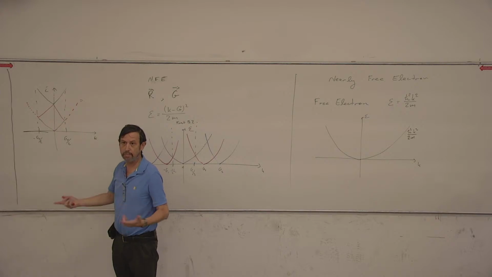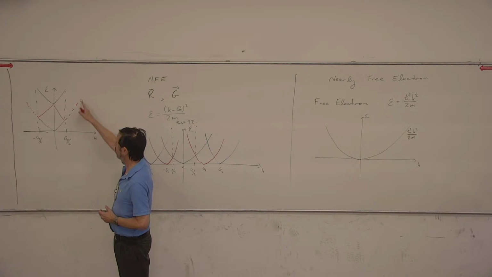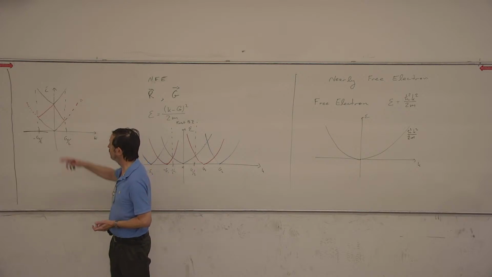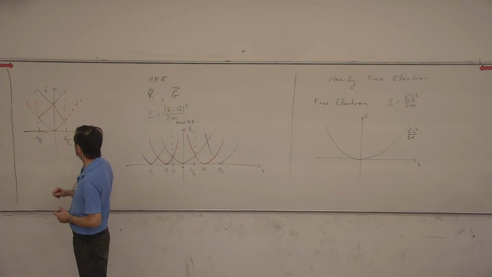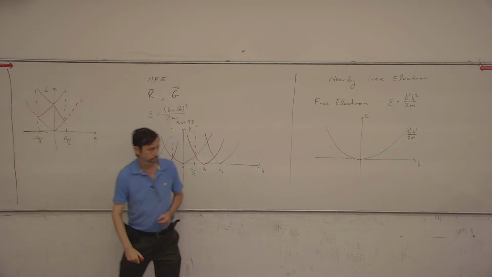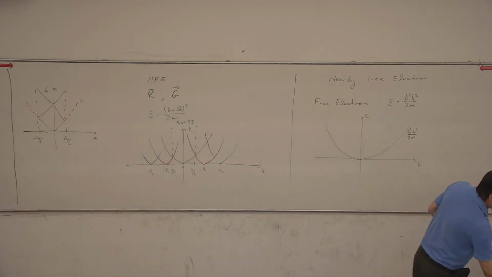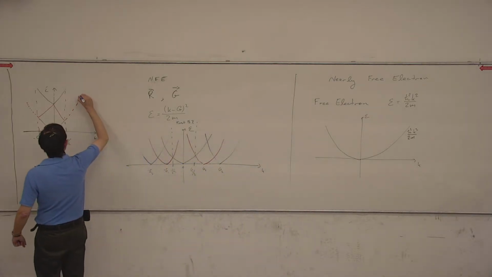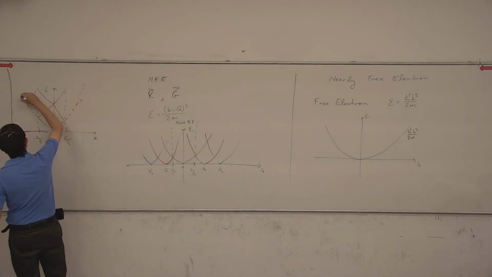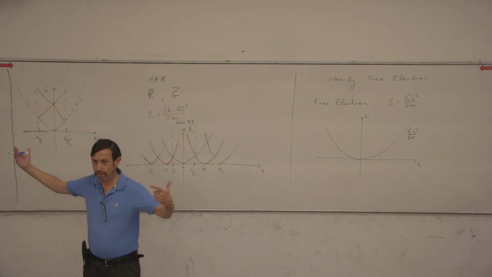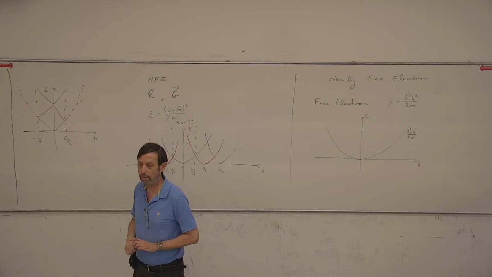Do the same here, but move it by 2G1. Sorry, again, here, again, by G1. And then I'll move it by 2G1 on the next one, and so on and so forth.